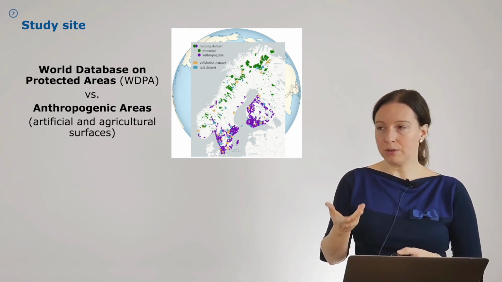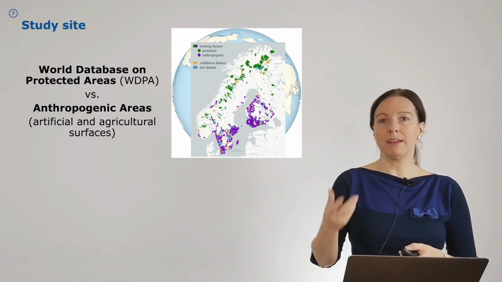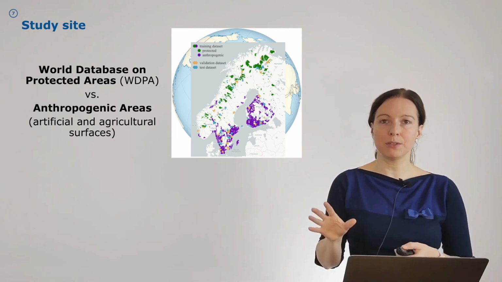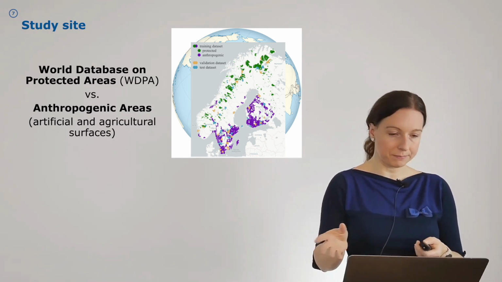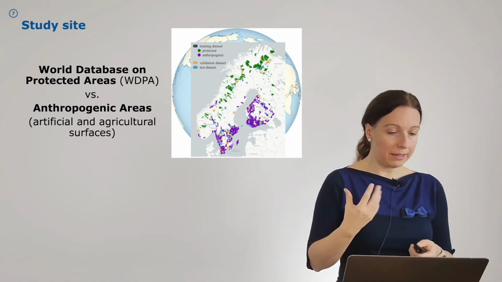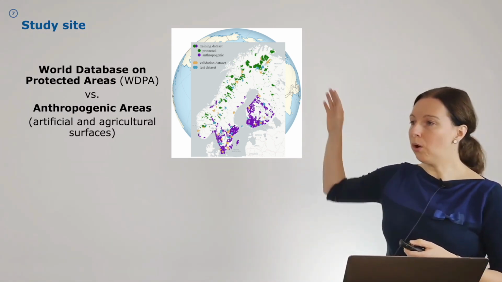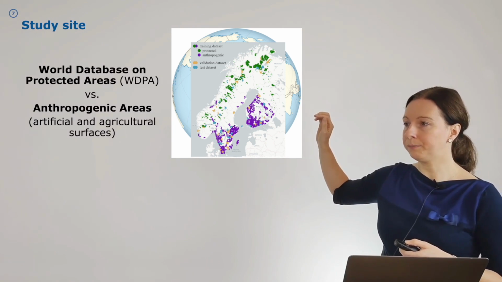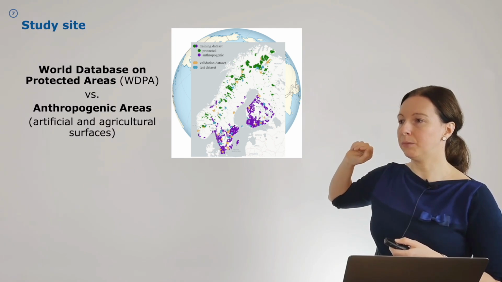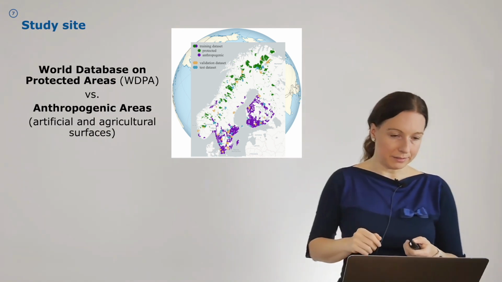Our assumption for this project, for this use case, is that protected areas can be related to wilderness, because here we have nearly no human influence. The other class is anthropogenic areas, where we have, for example, artificial and agricultural surfaces. All green areas in this image belong to the World Database on Protected Areas, and the purple areas are anthropogenic areas.